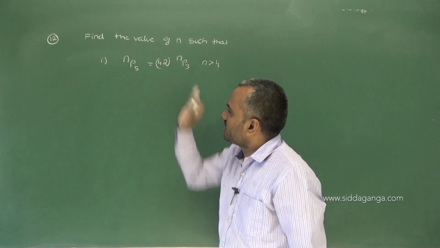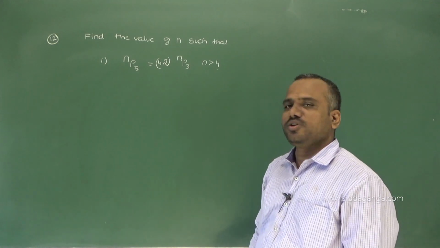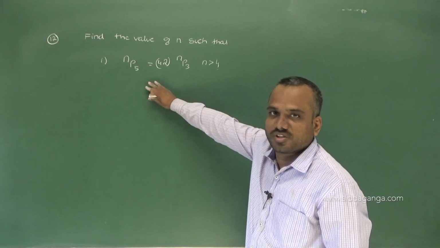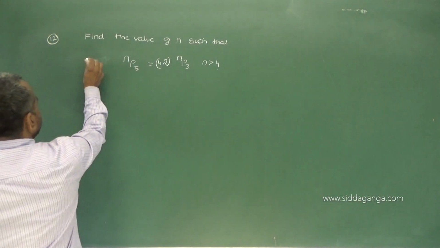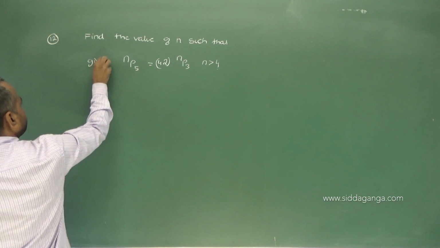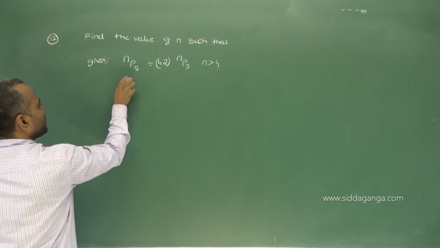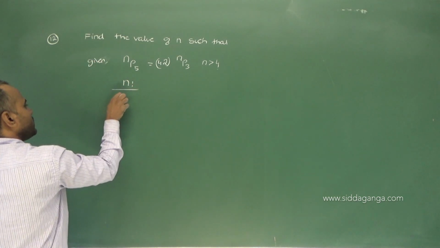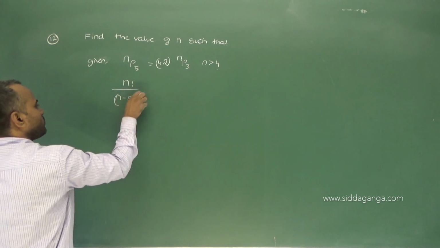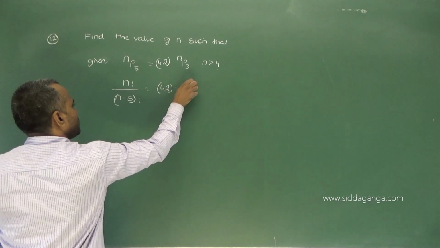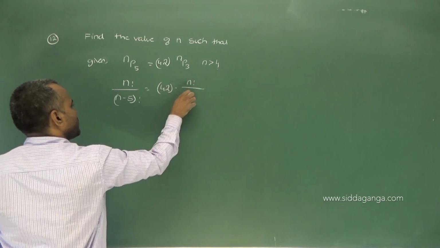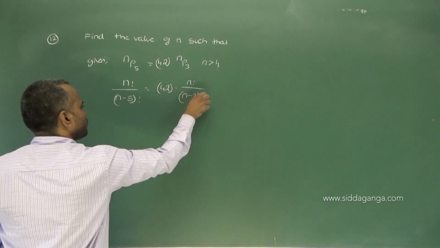Firstly, np5 is equal to 42 into np3. We solve this type of problem in the exercise. np5 is n factorial divided by n minus 5 factorial, and 42 into n factorial divided by n minus 3 factorial.